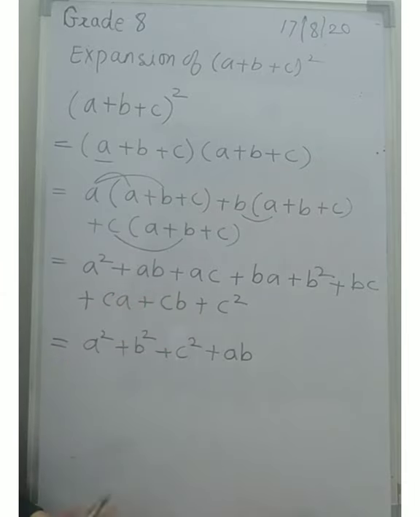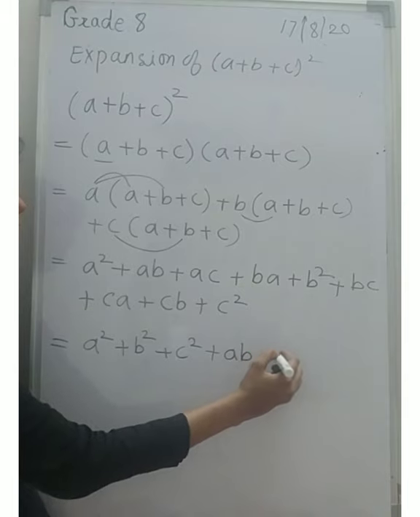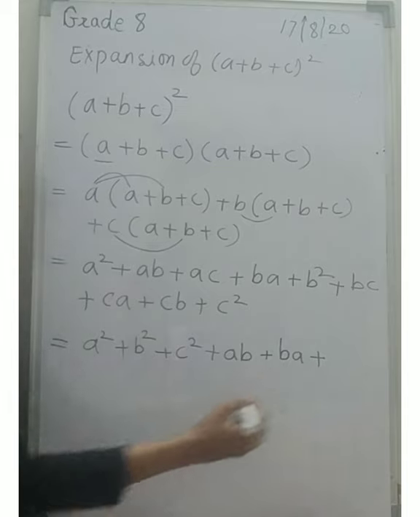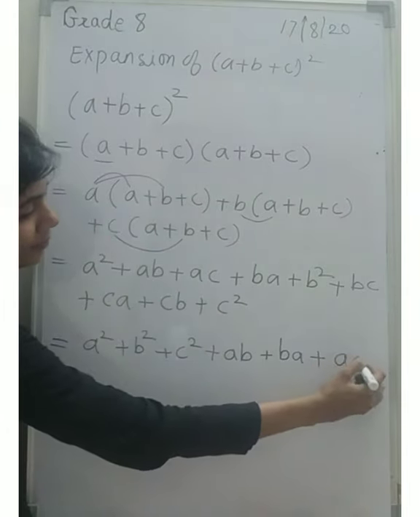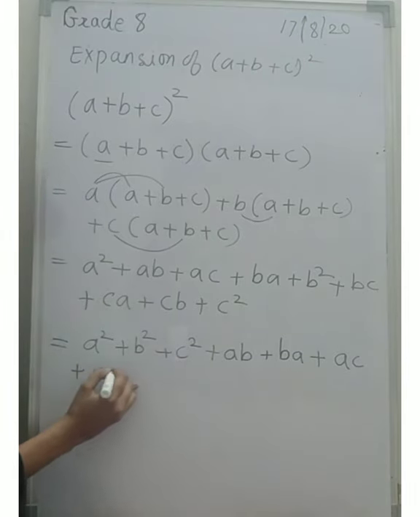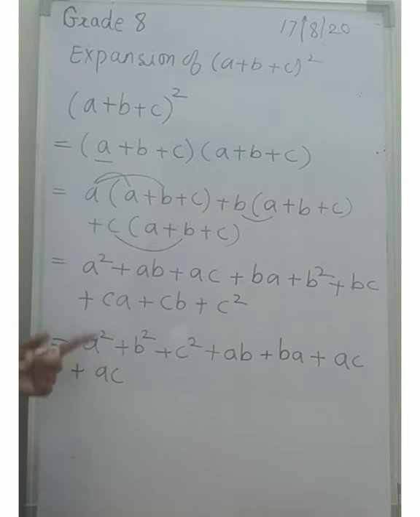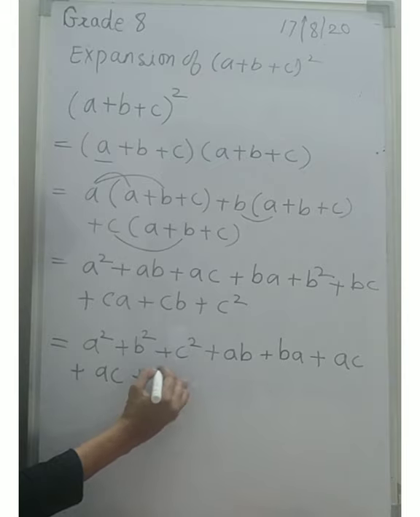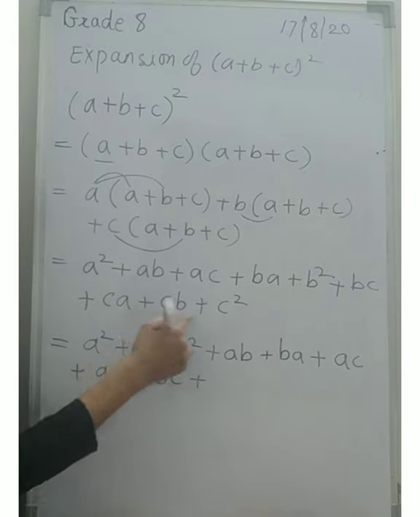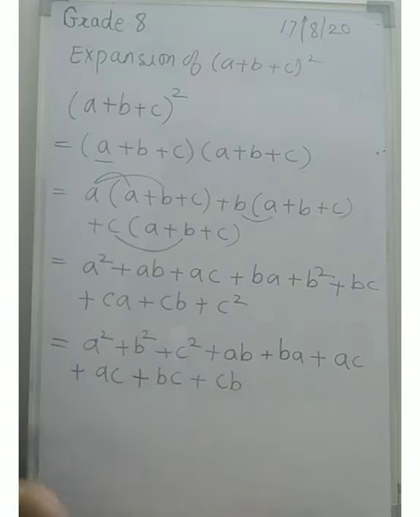So I write them side by side. Then ac and ca, or you can write ac plus ac, because ac means ca and ca means ac. And the left is bc plus cb; cb means bc.